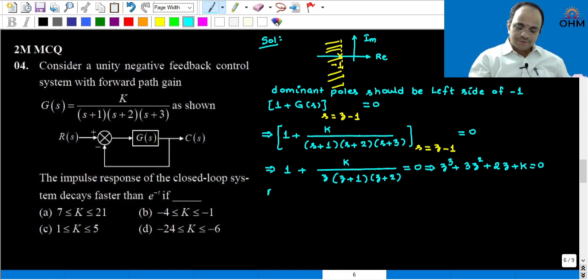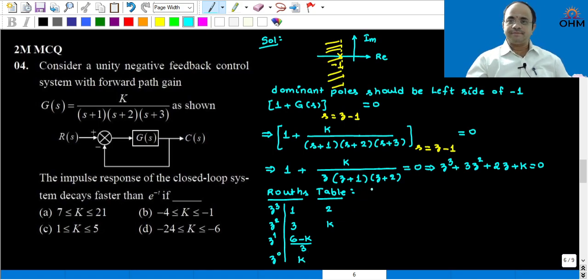Now, for this particular new characteristic equation, if you define Routh's table, the row corresponds to z cube: 1 and 2, z square: 3 and k, z power 1 element: 6 minus k divided by 3, z power 0 element: k.